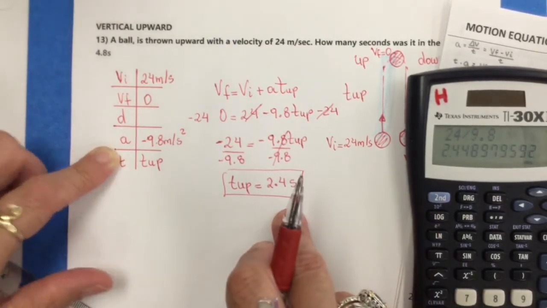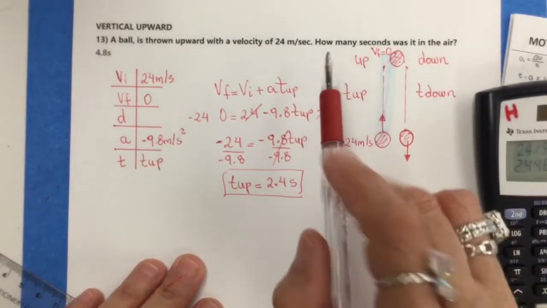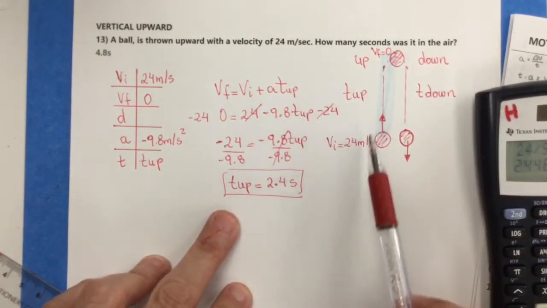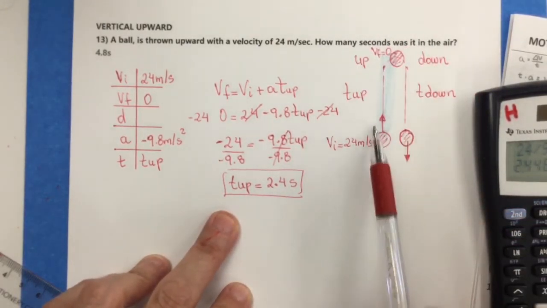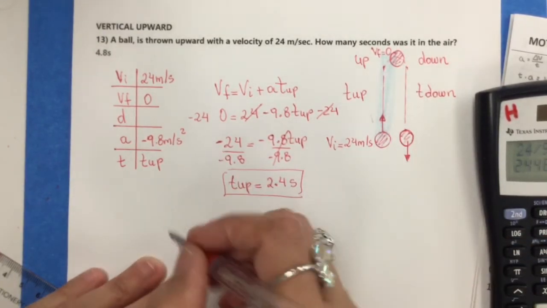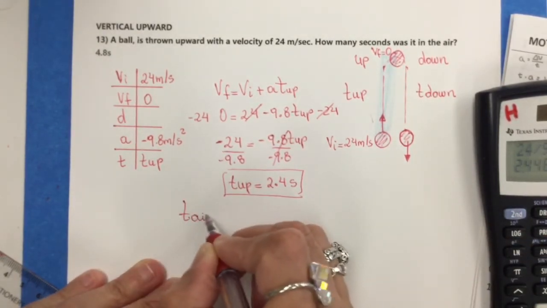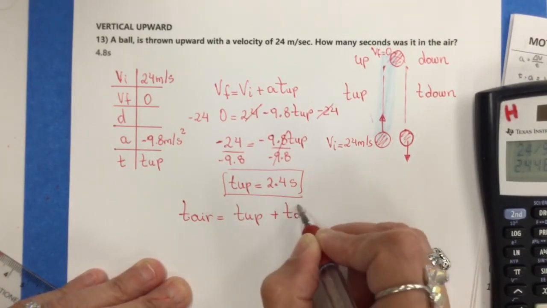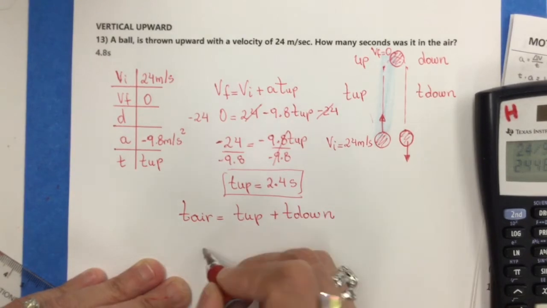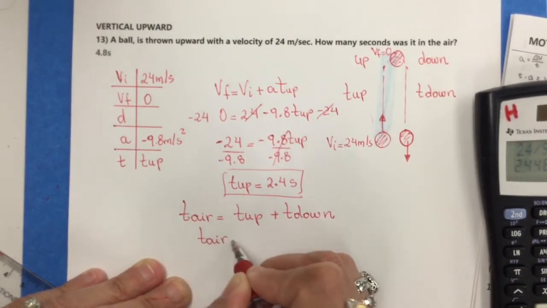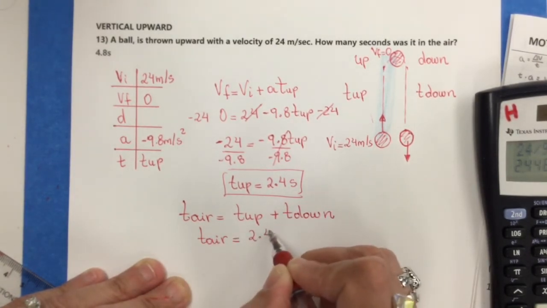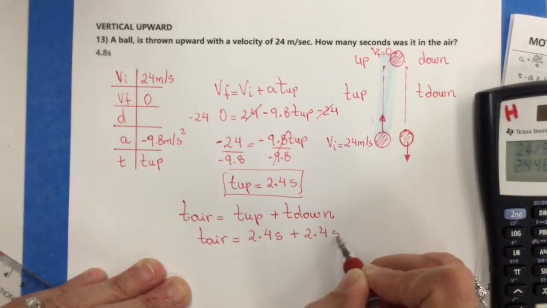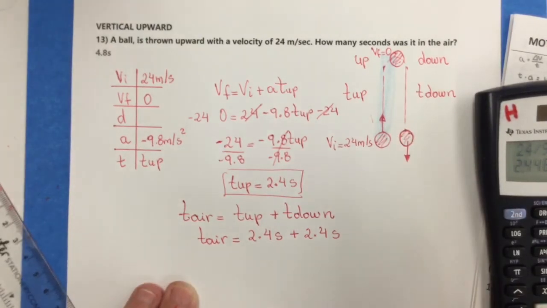But this is not the final answer because the question is asking how many seconds it was in the air. That is just the time up. However, time up is equal to time down. So the time in the air is time up plus time down. So the time in the air is 2.4 seconds plus 2.4 seconds, because both times are equal.